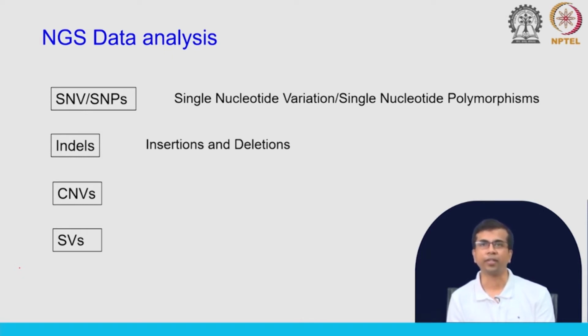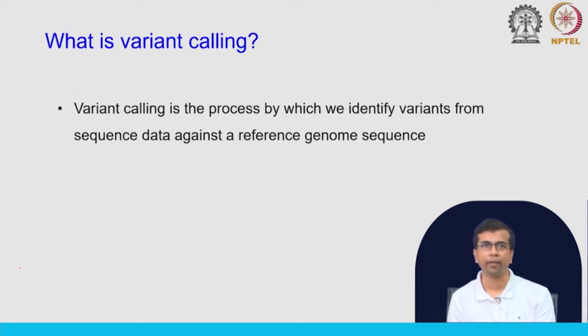Then you have insertions and deletions, which are called indels in short, and we have then copy number variations or CNVs, and we have structural variations or SVs. Okay. So, we will come across all of these one after another, but today's discussion will be mostly focusing on SNVs and SNPs, and I will also introduce SVs and CNVs very briefly.